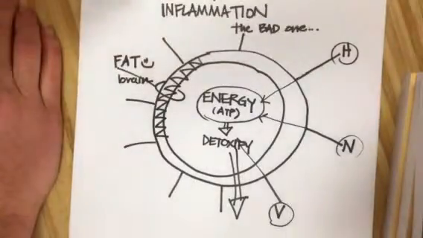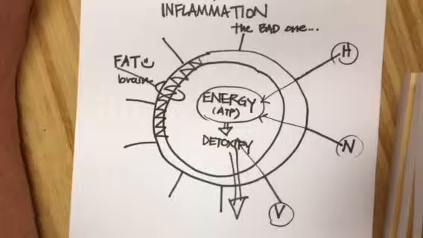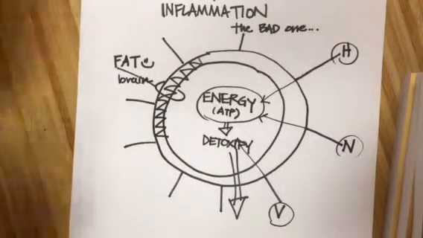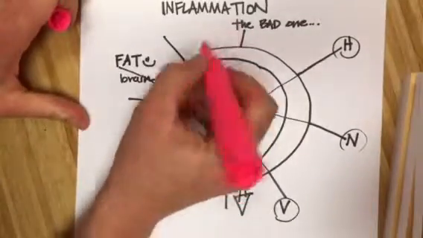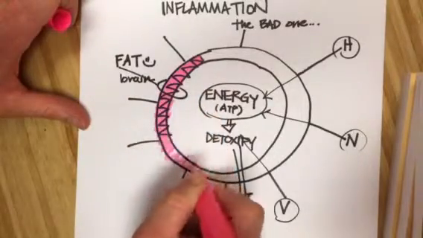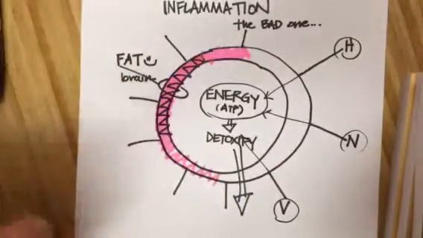There are certain substances that clog, congest, and literally suffocate our cellular membranes. We're going to label them. So this is representing this pink, and if you want to use a color, you can. But the pink is representing cellular inflammation.